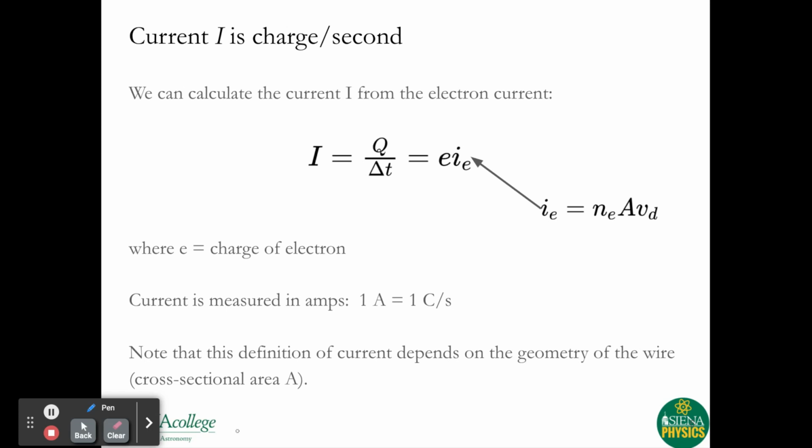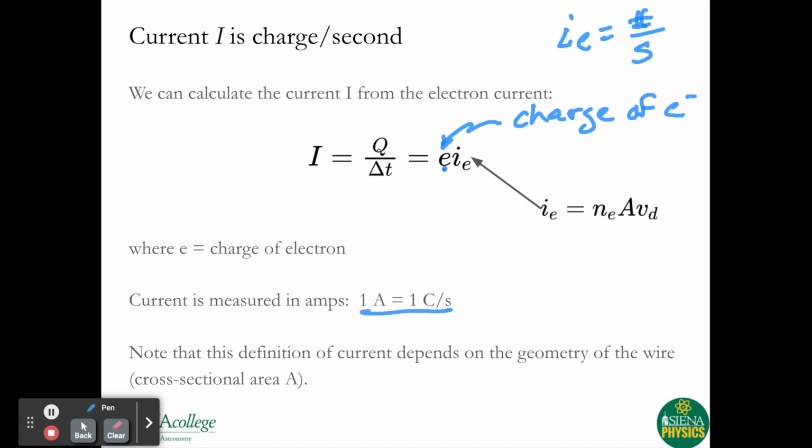Recall the units of IE are number of electrons per second, so we just multiply by the charge of an electron, or proton, since they have the same charge. Then we get a flow of charge in coulombs per second, which is what we want.